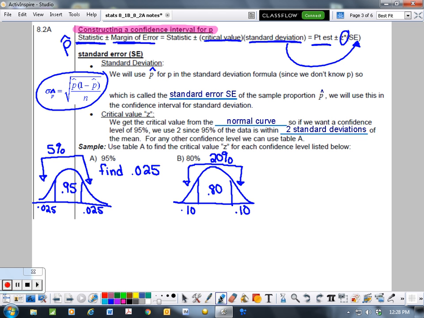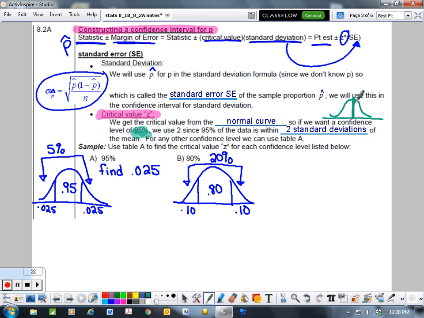What's really important about that critical value is it comes from that normal curve. So if I want a confidence level of 95%, then when I'm looking at my normal curve for my sampling distribution, I'm assuming this is what I want to estimate.